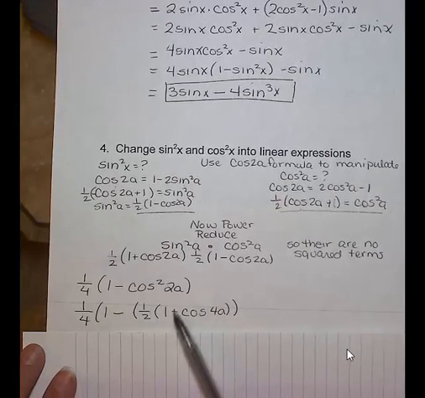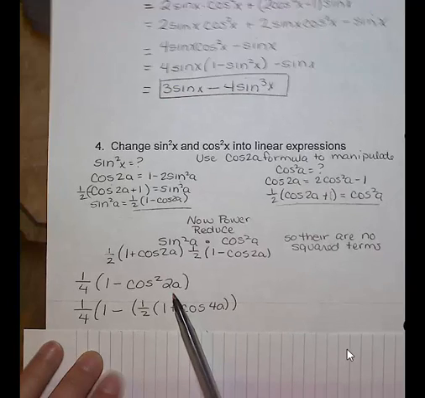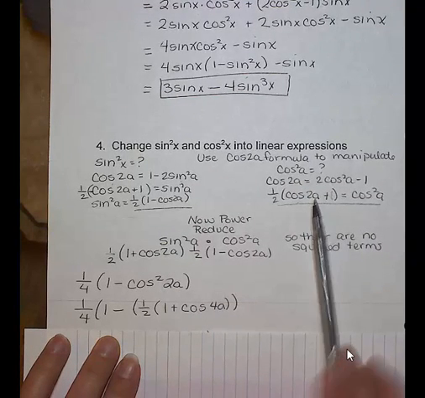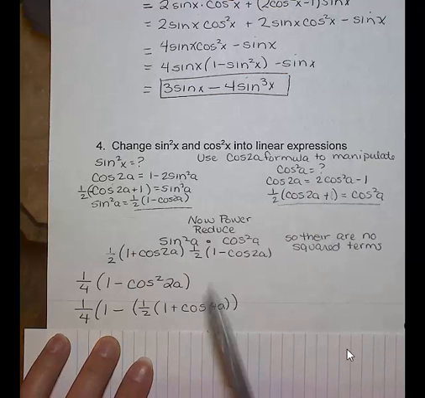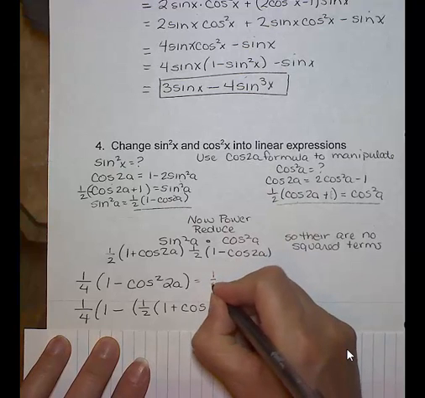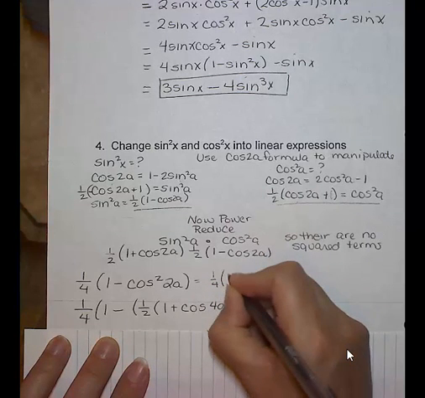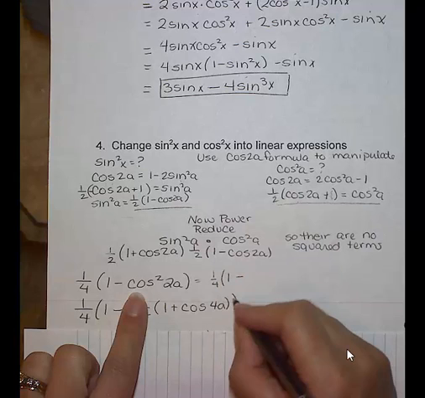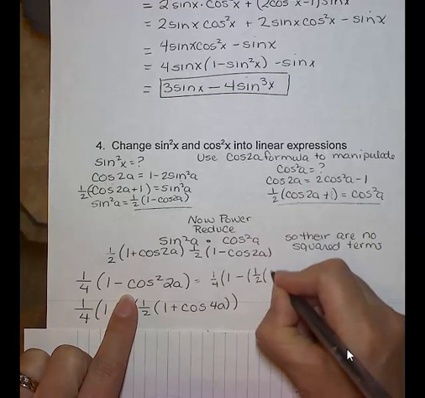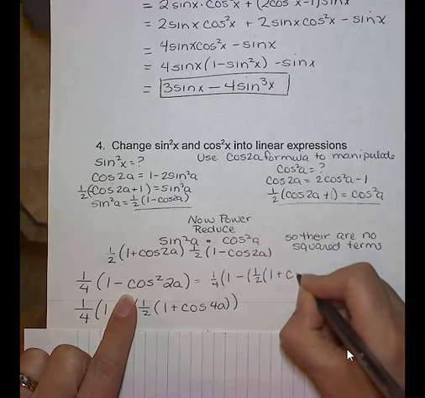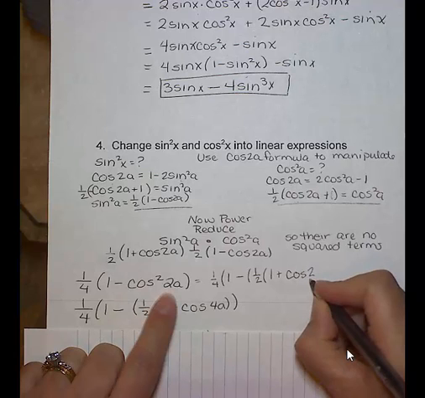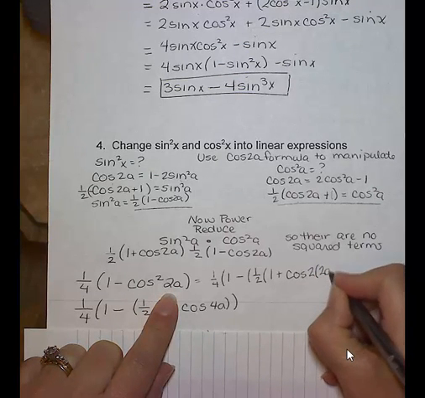And so since that is still a squared term, I'm going to use the power reducing formula for cosine again. So this is what I was talking about. The power reducing formula for cosine, I got that 1/4 still. I have 1 minus, power reducing formula for cosine is 1/2, 1 plus the cosine of 2 times the angle. But the angle was not a anymore, the angle was 2a.